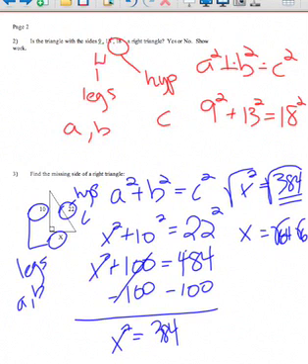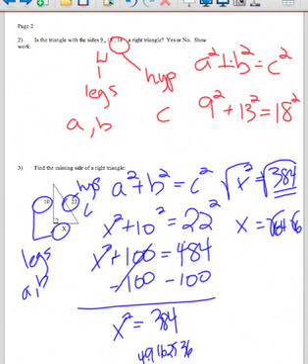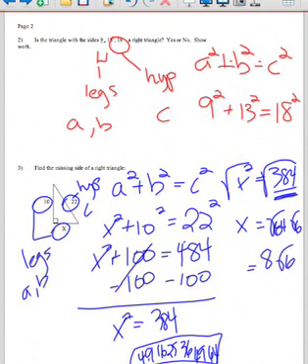So we're looking for numbers starting with 4, 9, 16, 25, 36, 49, etc., 64. And we see that 64 goes into 384 6 times. Square root of 64 is 8, and rad 6 is simplified completely. So the missing leg is 8 rad 6.